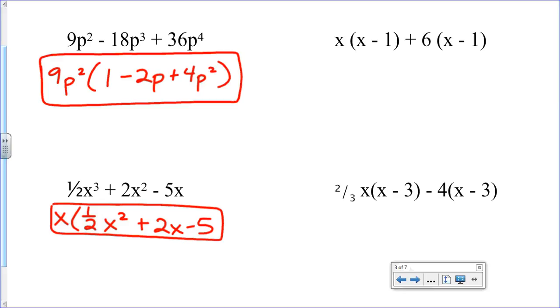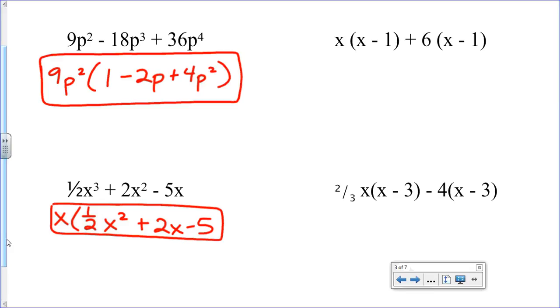And I want to look at these next two now. So the next two kind of get us started for what we're going to do next. We're going to factor by grouping next. All right, so if I look at this top one, what is the common factor? What do they have in common?